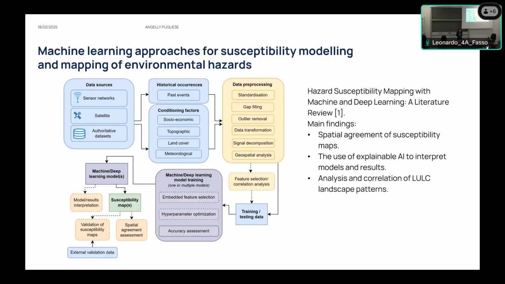So there must be a point at which they converge, and with all of them having high accuracies, the spatial representation is different. Other findings were the utilization of explainable AI to interpret the model and results, and the analysis and correlation of land cover and land use and uncovered landscape patterns. I will go through one of these in this presentation.